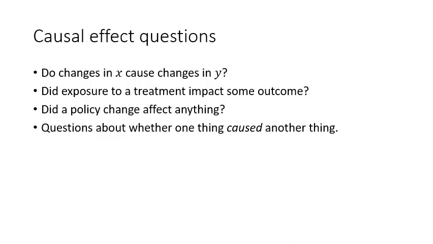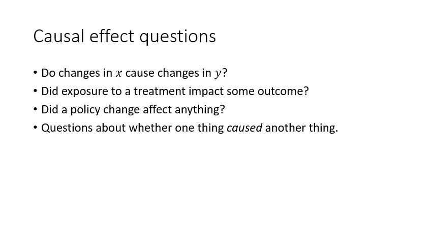When we are asking questions about causal effects, what we want to know is, do changes in some variable, x, cause changes in y, some other variable? Some very common questions that we'll ask, especially in the world of education, is something like, did exposure to a treatment, some sort of an intervention, impact some outcome of interest?